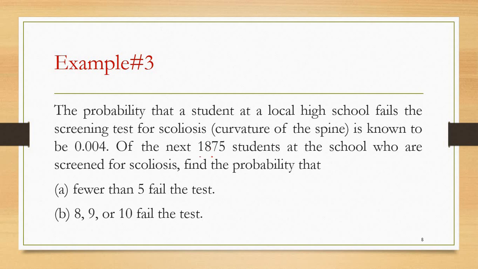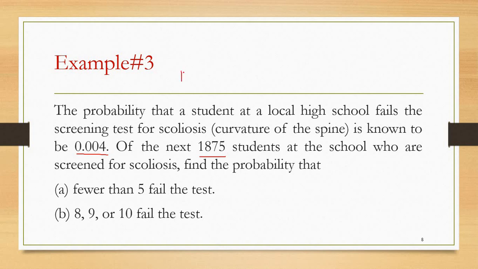So they are taking the next 1,875 students. And the third property is that successive trials are independent. As you know that each student is independent from the other student, so this property is also fulfilling here. And the very last property is that probability of success is constant, which is 0.004 for the student.